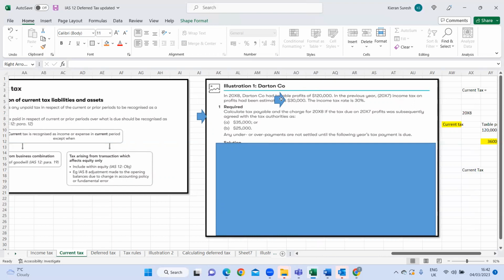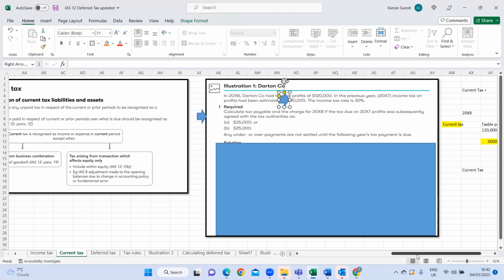But now I was told that last year HMRC did the work. Now we have agreed that last year's tax was actually 35. I have set aside and made payment only for 30. Now I've been told it is not 30, it is 35. So I underpaid tax. I meant to pay 35, I paid only 30.